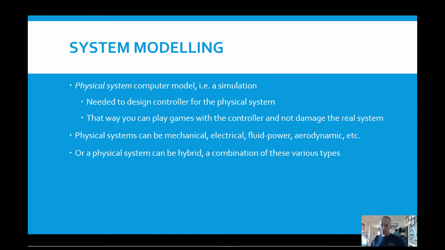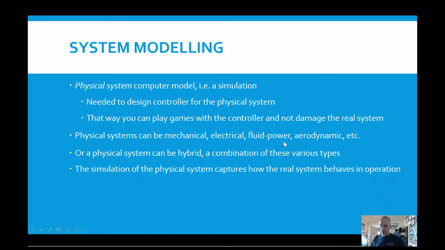Basically what happens is that the simulation of the physical system captures how the real system behaves. So you need to learn how to make a computer model that mimics the behavior of the real system.